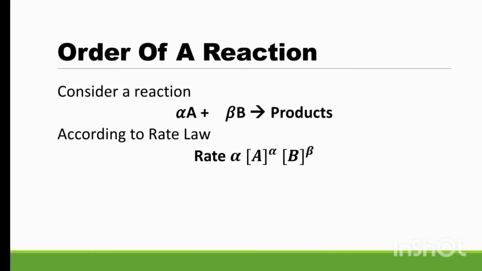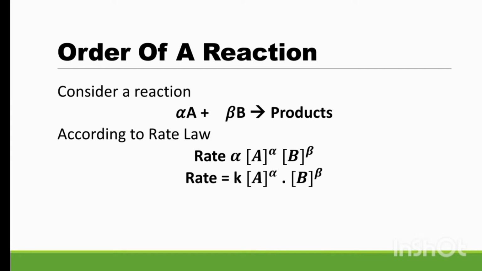According to the rate law, rate is directly proportional to the molar concentration of A raised to the stoichiometric coefficient of A, alpha, into the molar concentration of B raised to the stoichiometric coefficient of B, beta. So if we remove the proportionality sign, we add a constant. Over here, we add K, which is called the rate constant.